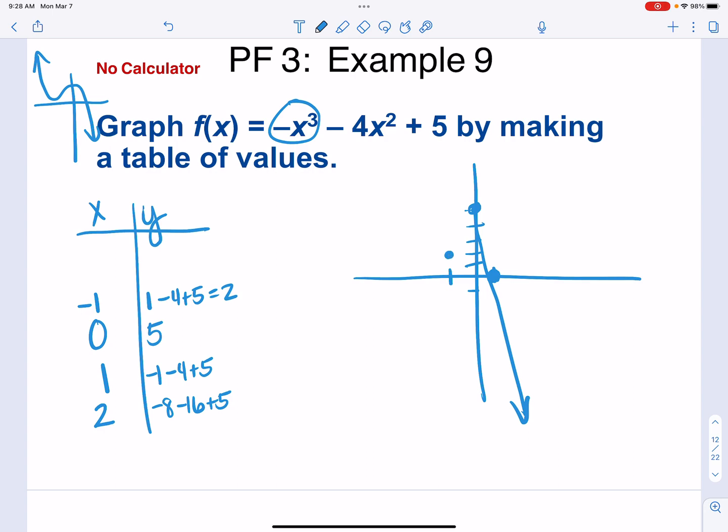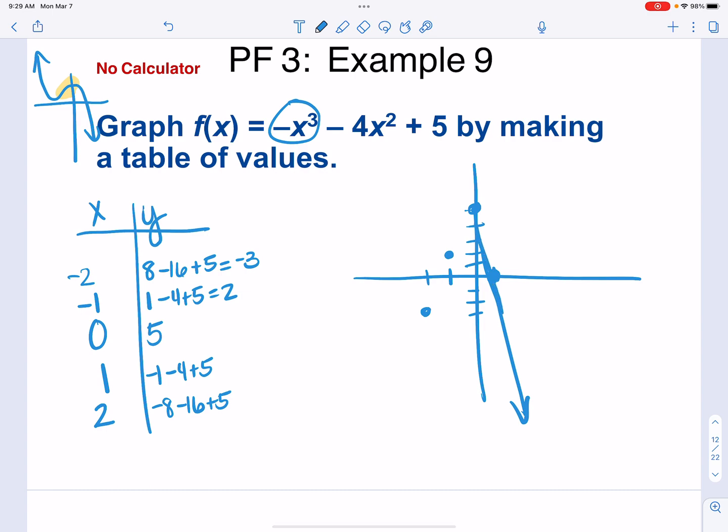So now it's kind of in this part of the graph in here. It's going down. Once I get it to go back up, then I'm done because I've gotten the whole thing. So I'm going to plug in a -2. That would be a -8, but then I'm doing a negative of it. So it's 8 minus 16 plus 5. So that would be a -3. So it's still going down. -2 is at -3.